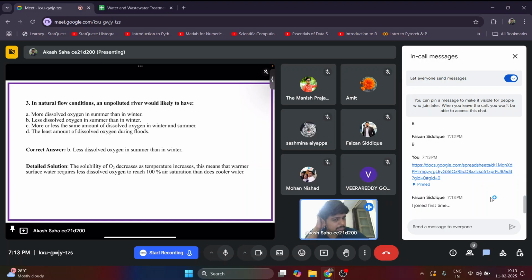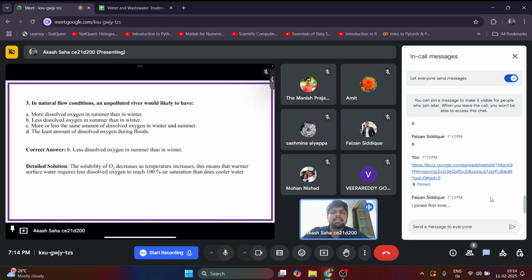The major thing is that the warmer water requires less dissolved oxygen to reach 100% saturation than the cooler water. Just think that the water will reach 100% saturation. Till that time only it will allow the oxygen to be solubilized. It will take oxygen up to that time.